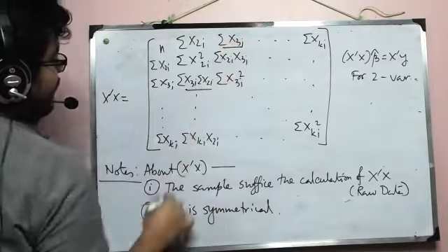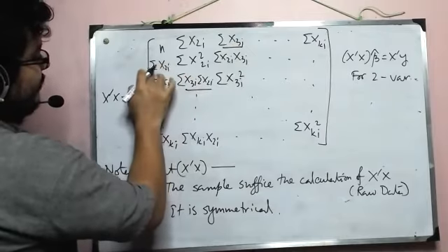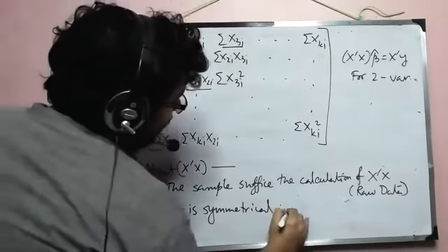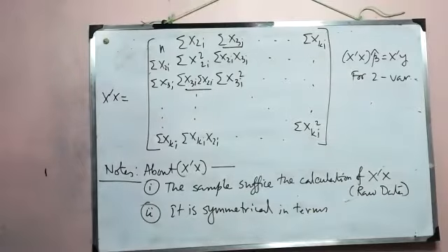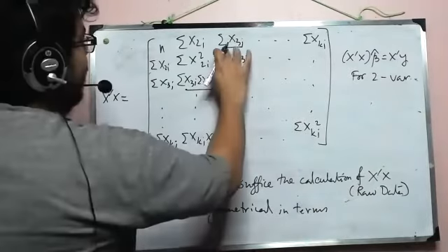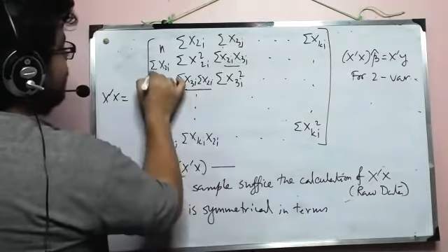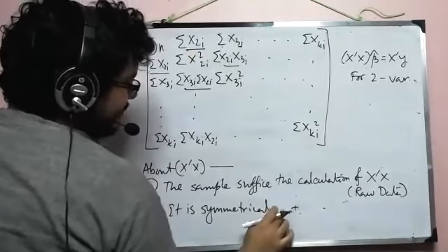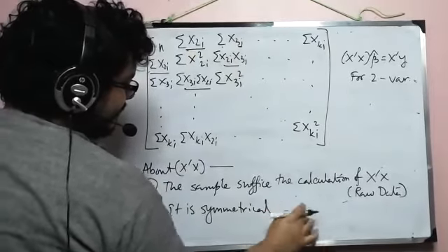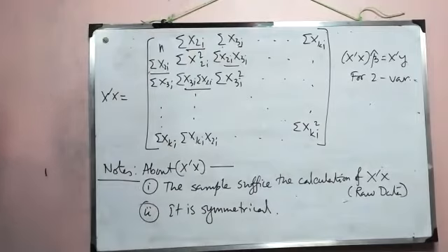X3i, X2i, right? Okay, but symmetrical in terms of what? This one, then this one, and this one. So let's finish it here. So it is symmetrical. Okay.